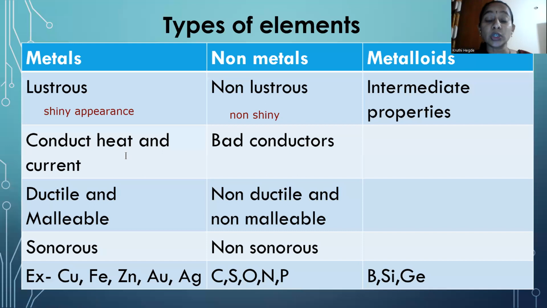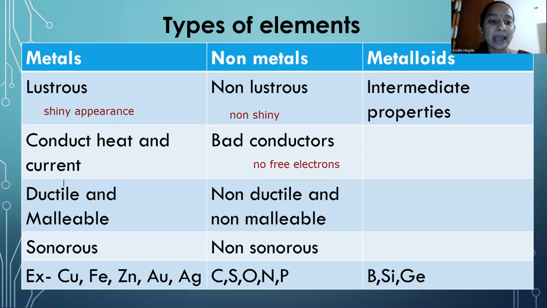Metals are good conductors of heat and electricity, whereas non-metals are poor conductors of heat and electricity because no free electrons are available for conduction of current.